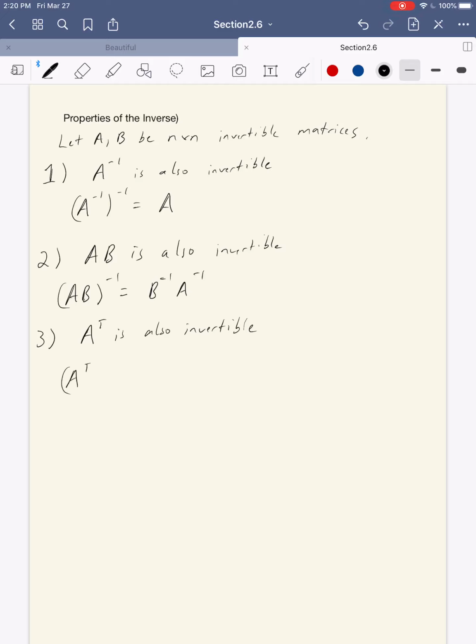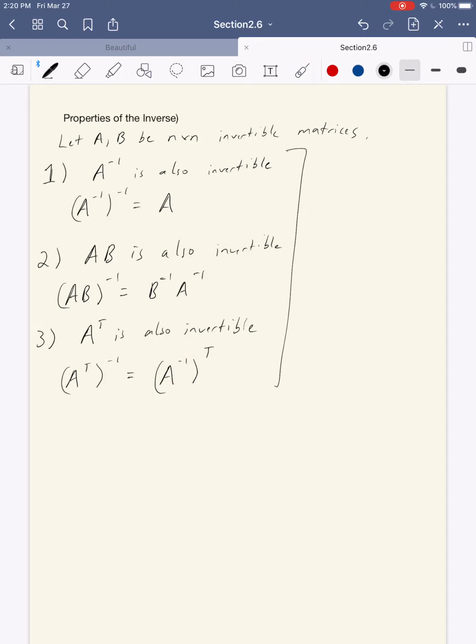And the inverse of the transpose is the same as the transpose of the inverse. So in other words, inverse and transpose actually commute, right? So if you're taking the inverse of the transpose, you can do that as the transpose of the inverse, whichever order you prefer here.